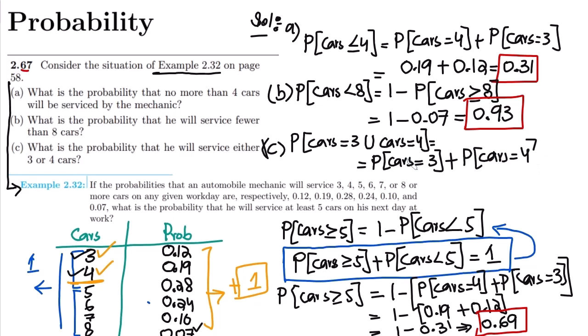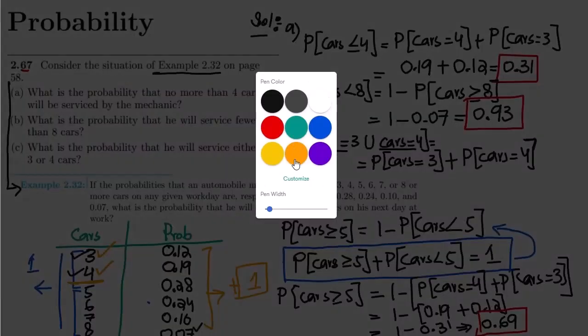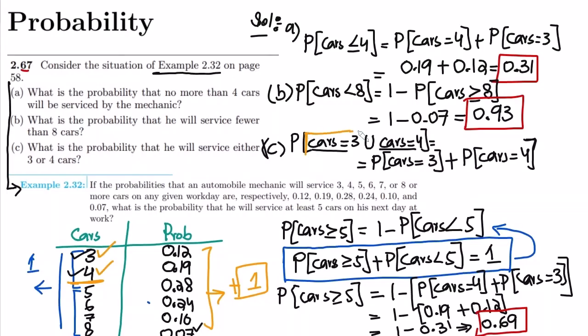These are the two events in this union. Let me underline them here as well. This is the first one, this is the second one.